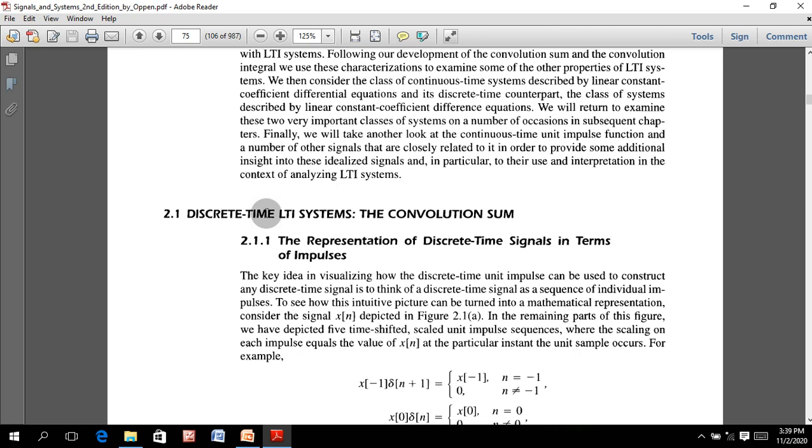First of all, we have to realize what an LTI system means. An LTI system is a linear time invariant system, and in this case it is also a causal system. In earlier lectures we described what causality means.